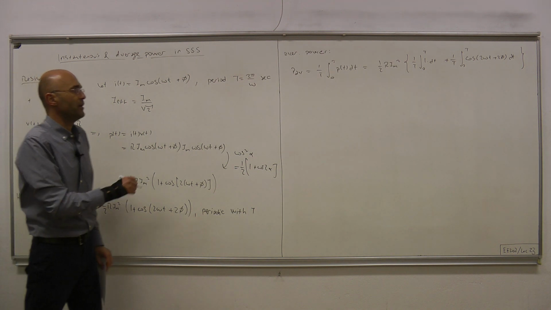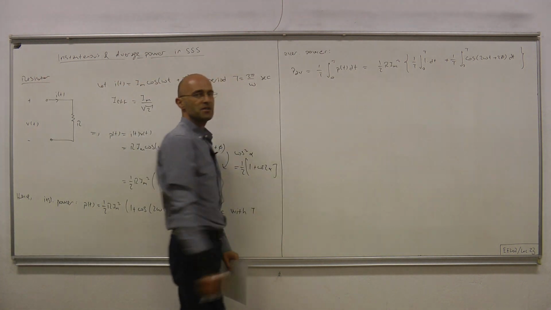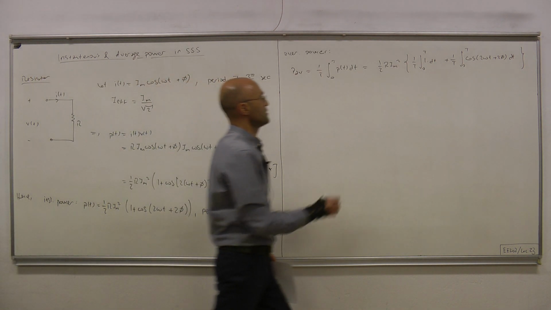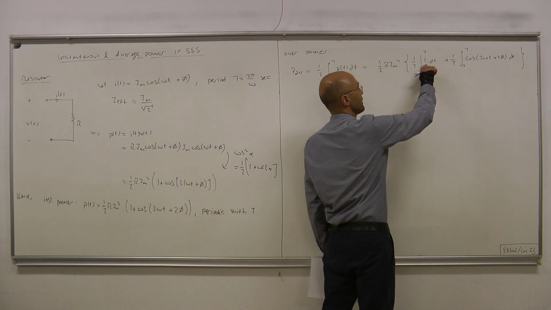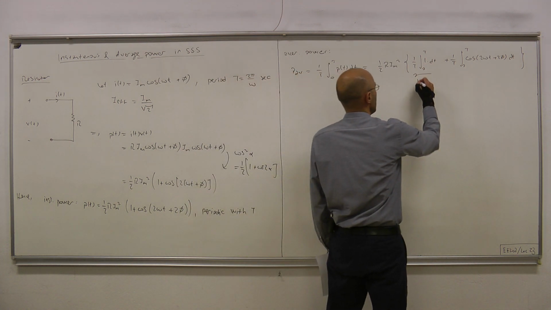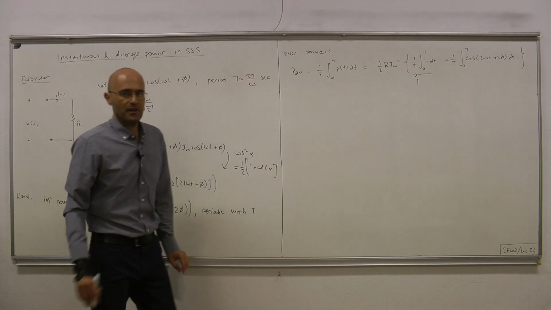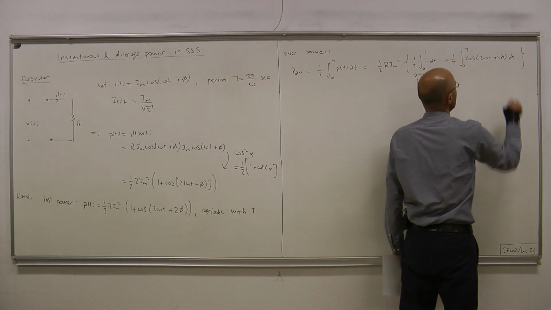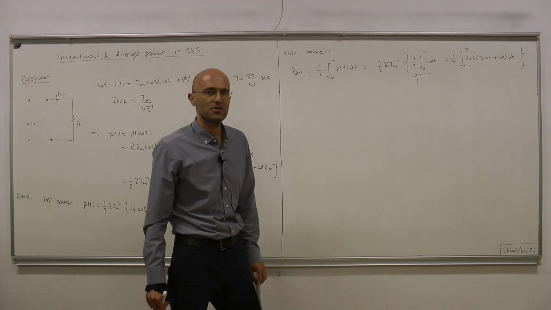So, to see things better, we wrote this integral as a sum of two separate integrals. Now this clearly, we're taking the average of 1, that clearly produces 1. Okay, the average of a constant signal is itself. And here we're taking the average of a purely sinusoidal signal.